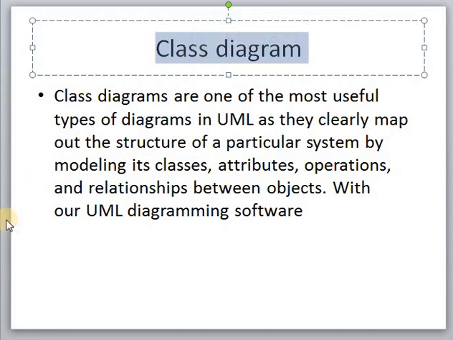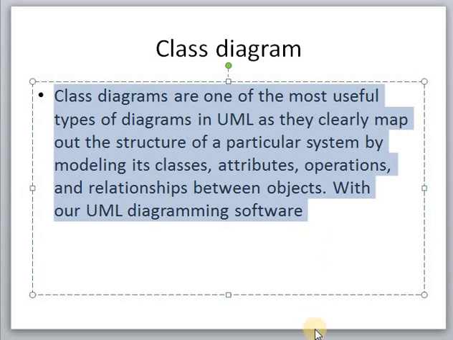Now, first of all, we will see what a class diagram is. Class diagrams are one of the most useful types of diagrams in UML, as they clearly map out the structure of a particular system by modeling its classes, attributes, operations, and relationships between objects.